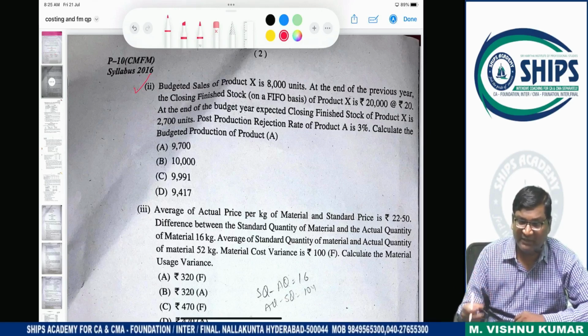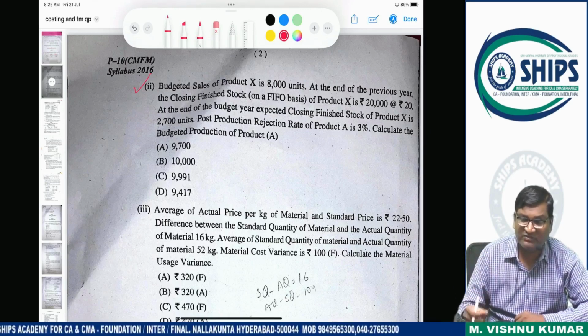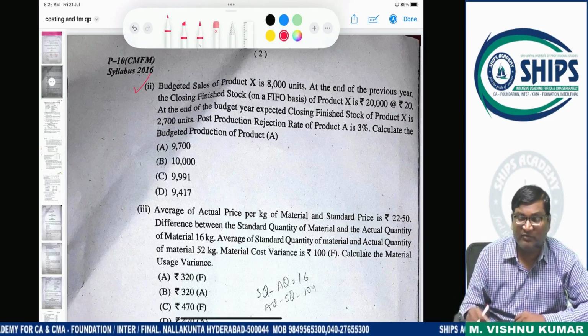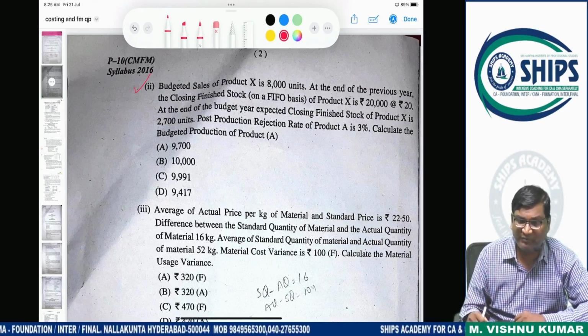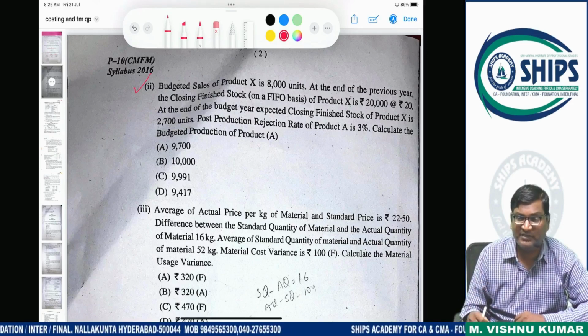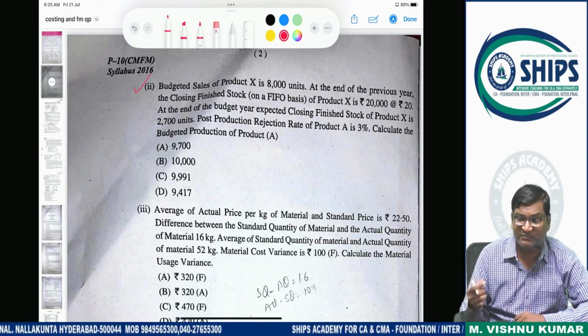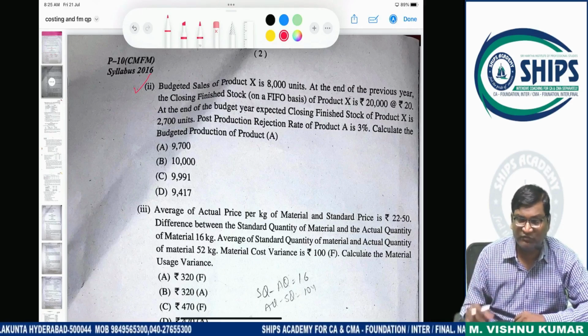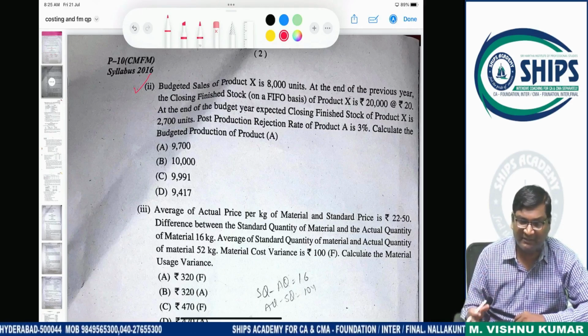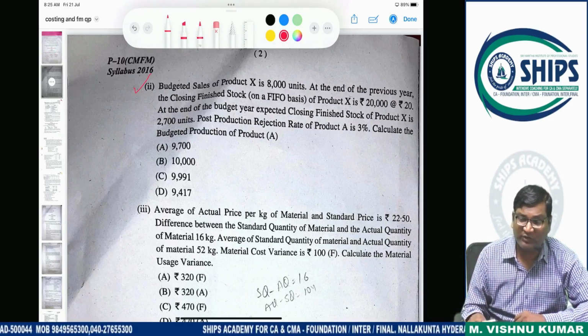So we have to calculate before wastage what is the production, or before rejection what is the production. Because whatever units you produce, it is not guaranteed that it is 100% defect free. Sometimes a small defect is also possible. So wastage is also possible. So that will be separated. So before that, what is the production we have to calculate.